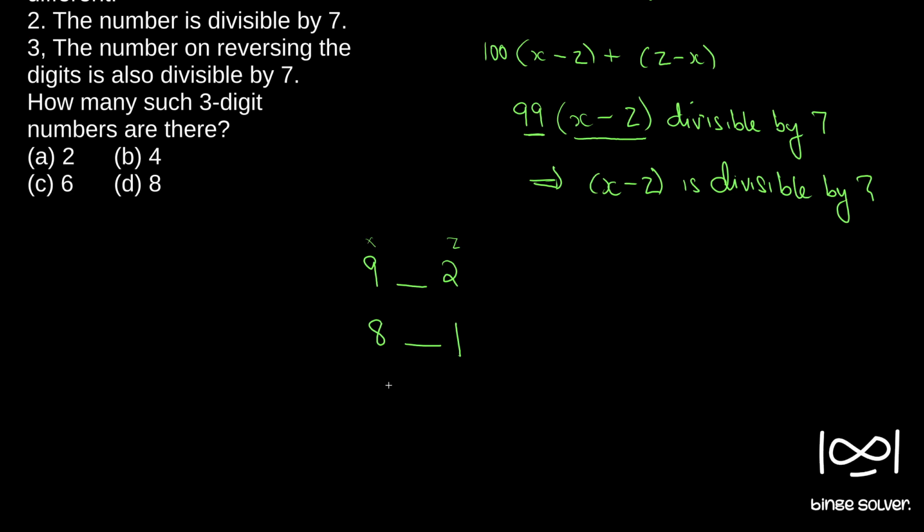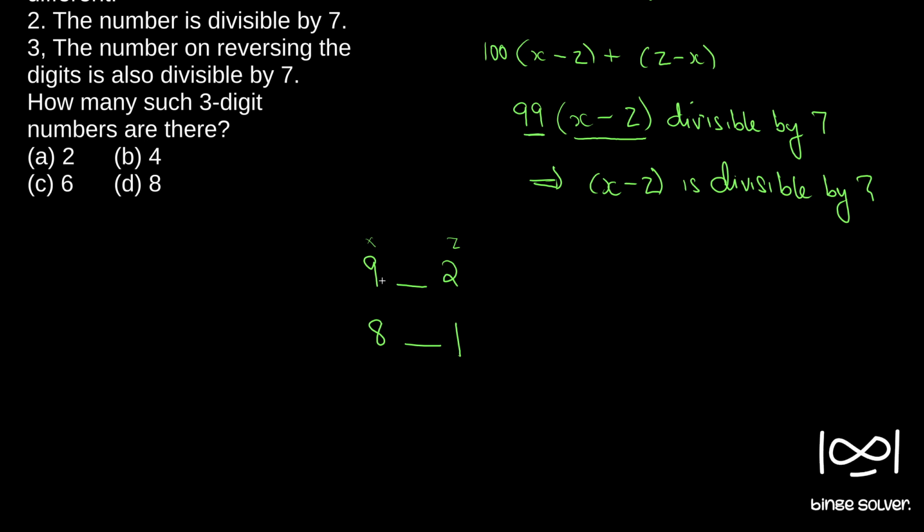We cannot put 7 here, because then it would be 7 minus z, and the only number z can have is 0. If you take this case, on reversing it will become 0 underscore 7, which is a two-digit number, not a 3-digit number. So this case we cannot take. So only two cases we can take: 9 underscore 2 and 8 underscore 1.